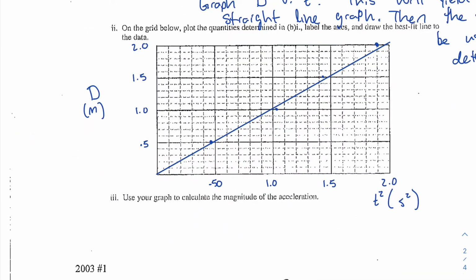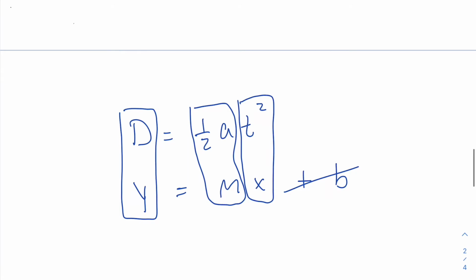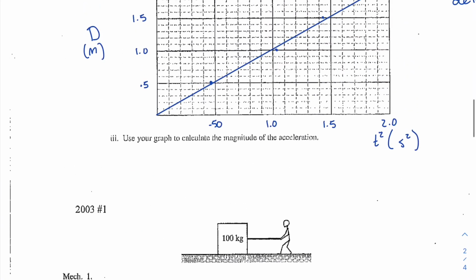So for part 3, we need to use the graph to calculate the magnitude of the acceleration. And from what we did earlier, we found that our slope should equal half of the acceleration. So here we can say slope is going to equal 1/2 a. Therefore, a is going to equal 2 times the slope. So we need to get the slope in order to do this.